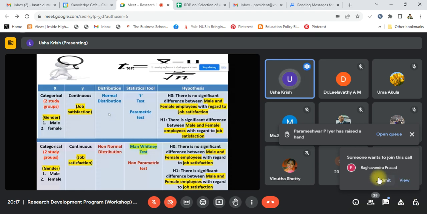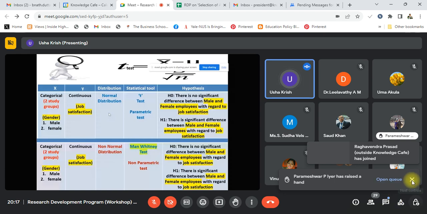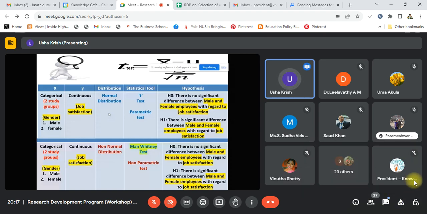Foreign examiners insist that the word significant should not be used in hypothesis formulation. After obtaining the results, you will tell whether the difference is significant or not, but not in the beginning when you formulate the hypothesis. Anyway, our people are insisting, so we shall use it.